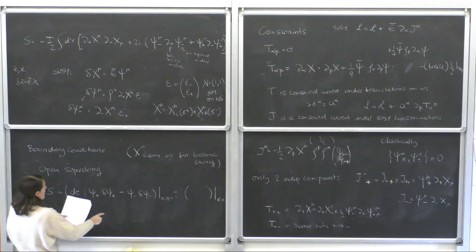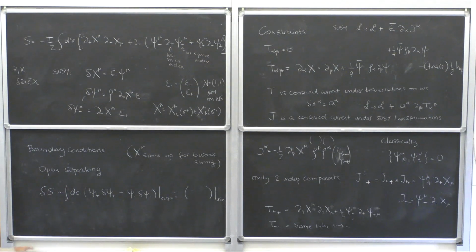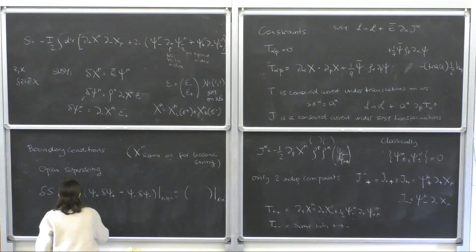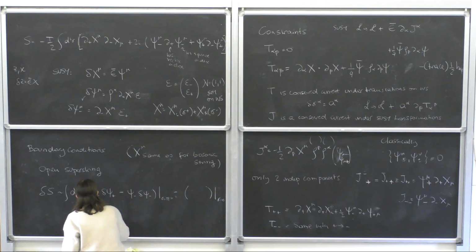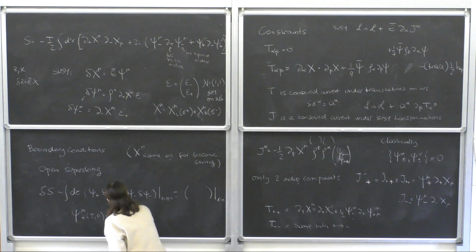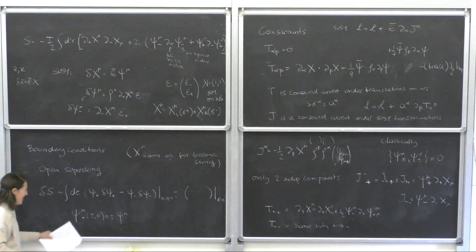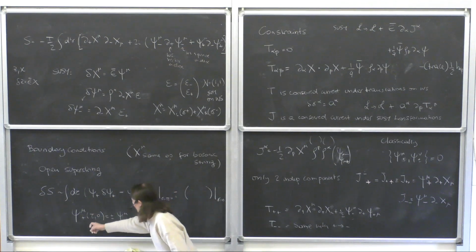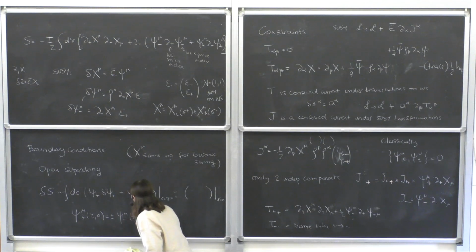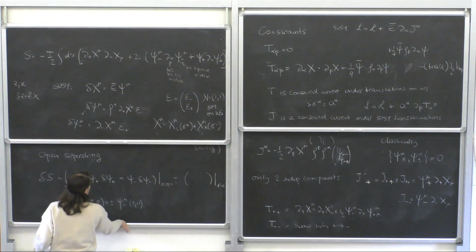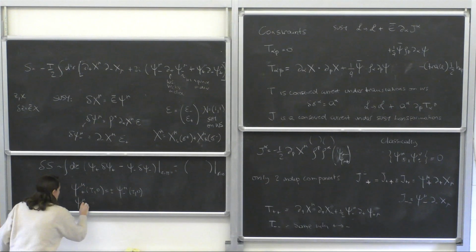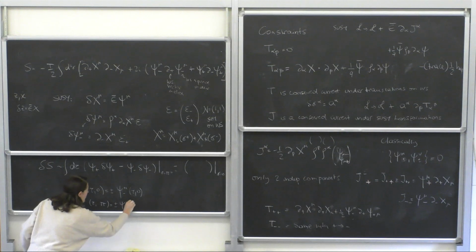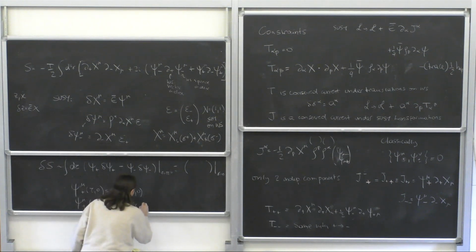So I have to choose psi plus equals psi minus at each end, but this is quadratic in psi plus and psi minus, so I can choose psi mu plus at tau 0 equals plus or minus psi mu minus at tau 0, and the same psi mu plus at tau pi equals plus or minus psi mu minus at tau pi.